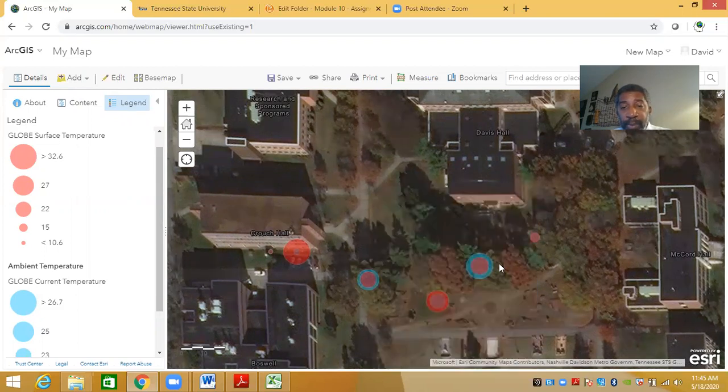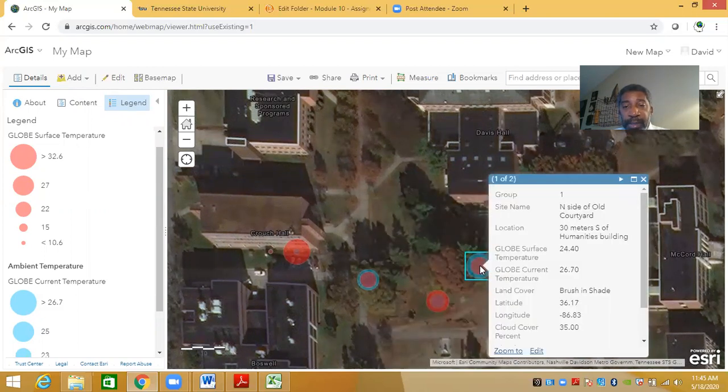But perhaps what we would more commonly expect to see is here is brush in the shade. So here's a green surface in the shade, and we see the effect that that has on temperature. There's a much closer relationship between the ambient temperature and the surface temperature as a result of the cooling effect brought on by those green plants.